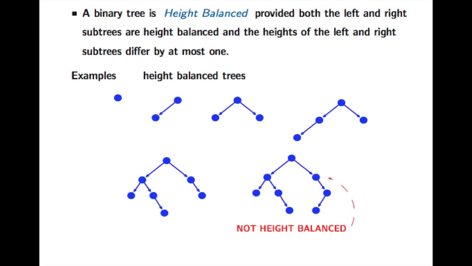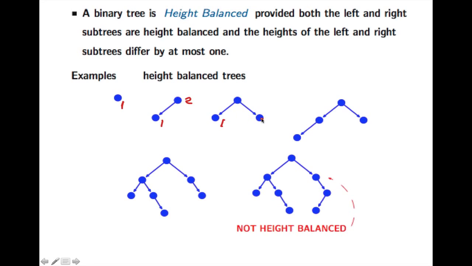So what do we have here as examples? Here is a tree of depth 1. Here is a tree of depth 2, and the two subtrees here of height 1 and here of height 0 differ by at most 1.